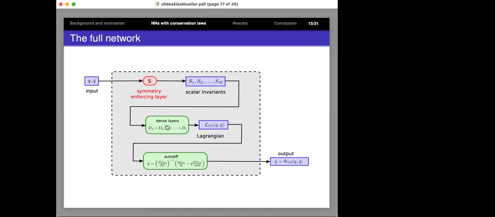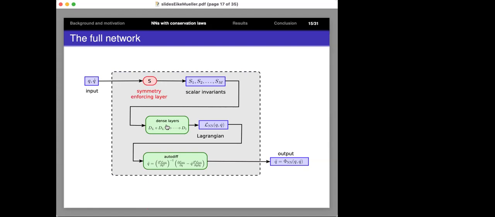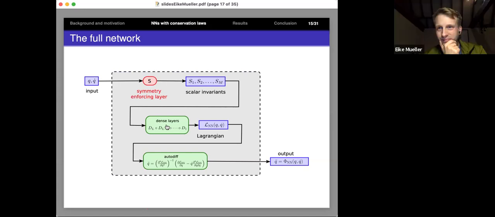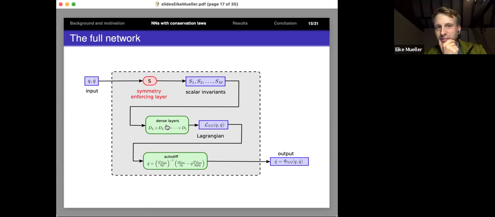Excuse me, can I ask a question? This is Panos from Pacific Northwest National Lab. You said that this reminds you of what people do in high energy physics. In high energy physics, if you write down the terms that you can get from symmetry, then to put the Lagrangian together, you just take a linear combination of them. So why do you need the dense layer here, which is nonlinear? Why don't you just take a linear combination of scalar invariants? Well, in this case, this wouldn't be enough.